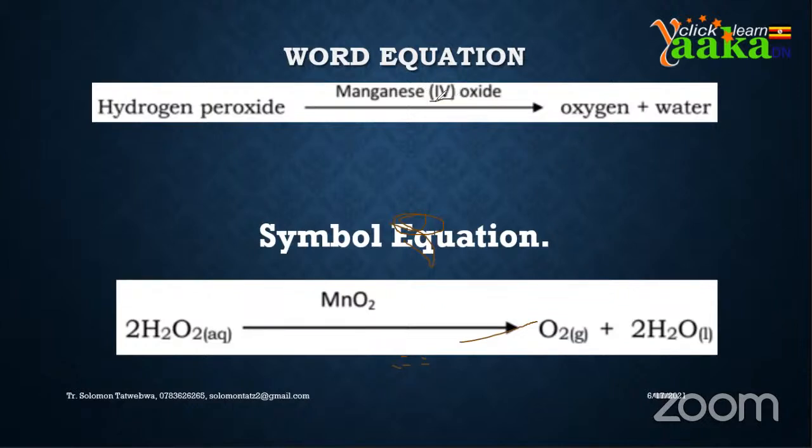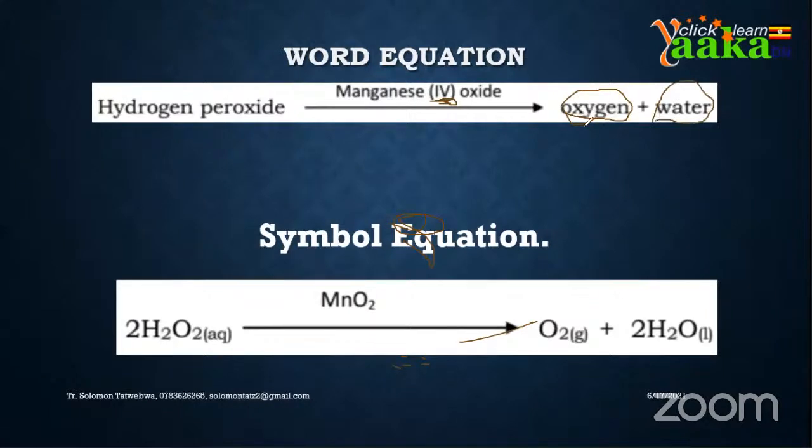This is a 4 here, not so? Yes. I represented it to show you the valence. So manganese 4 oxide is our catalyst, and the product we are forming, of course, is oxygen. We have oxygen, and then we have water as a byproduct.